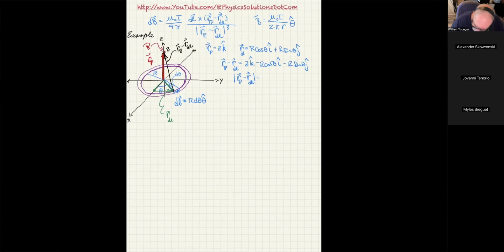And realizing what that is might help you more easily figure out what the actual magnitude of RP minus RDL is. So anybody want to take a guess at what the magnitude of RP minus RDL is? I'll give you a hint. It starts with square root.